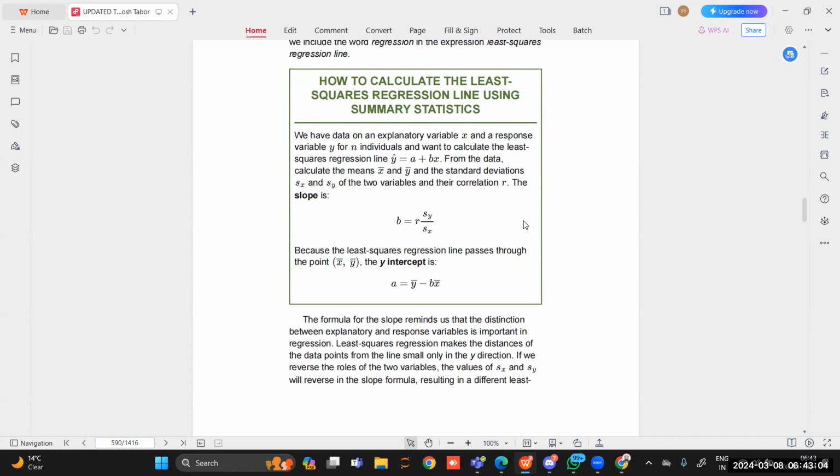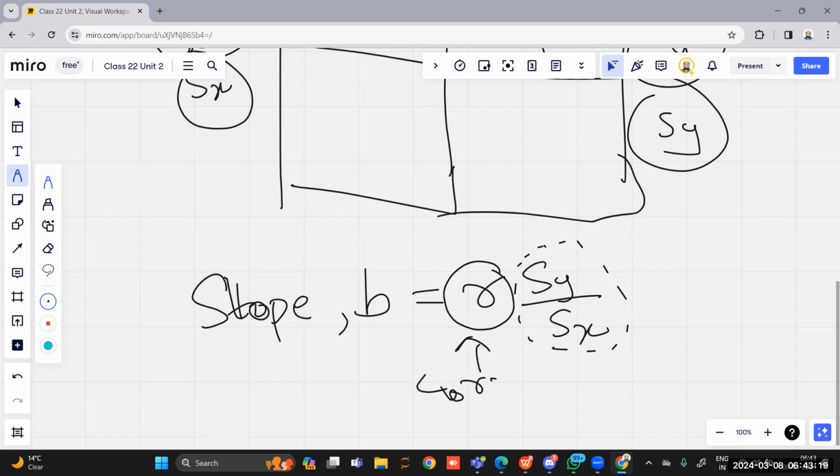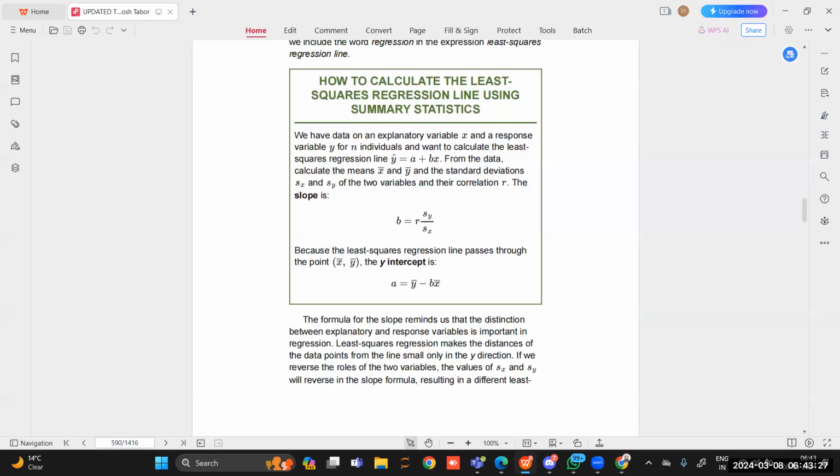So now see how we have calculated the slope. You know what b is? b is the slope. Yes or no? To calculate the slope, we have to take r, the correlation, and sy upon sx, the ratio of the standard deviations.